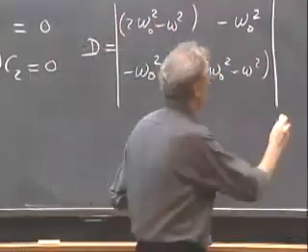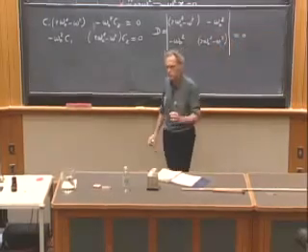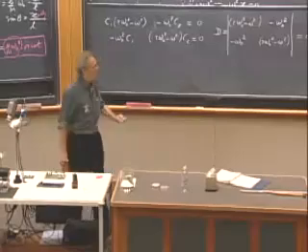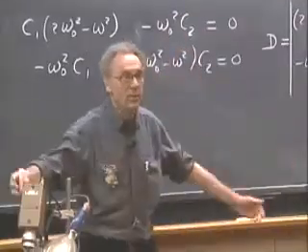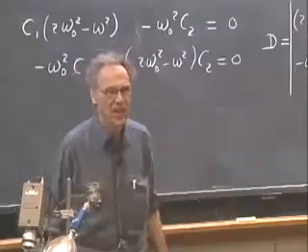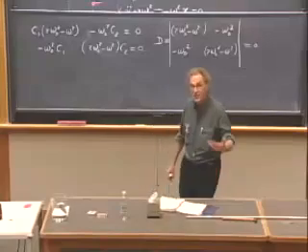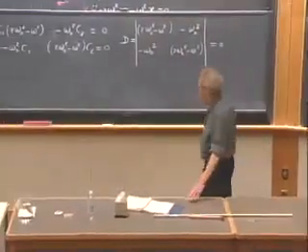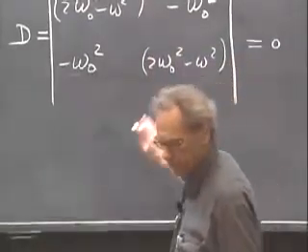And this now must be 0 if I am looking for solutions which are not c1 is 0 and c2 is 0. It's clear that if c1 and c2 are 0, then the equations are satisfied. 0 is 0, but that's not an interesting case. And the only way that you can get a solution which is interesting, with values for c1 and c2 which are not 0, is by making this determinant 0.